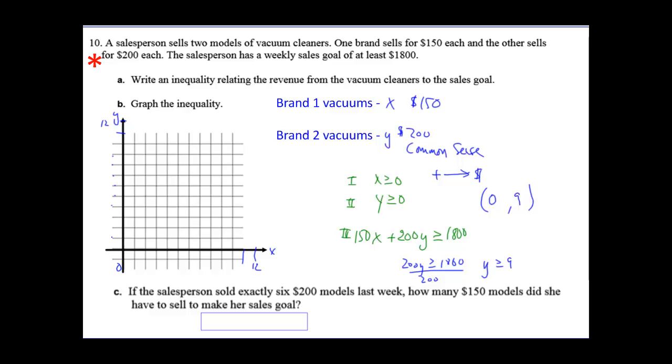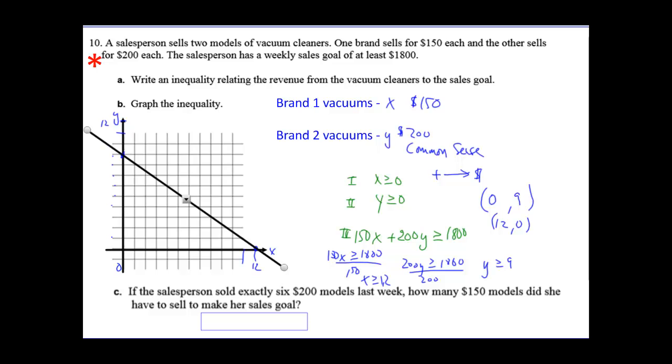So we go up to 9, put a dot, and if we do the same thing, we let y equal 0, you get 150x greater than or equal to 1800, divide by 150, and you get x is greater than or equal to 12. So our 2 intercepts are (0, 9) and (12, 0). Going to put a point. If we connect the dots, okay, it's going to be a solid line.